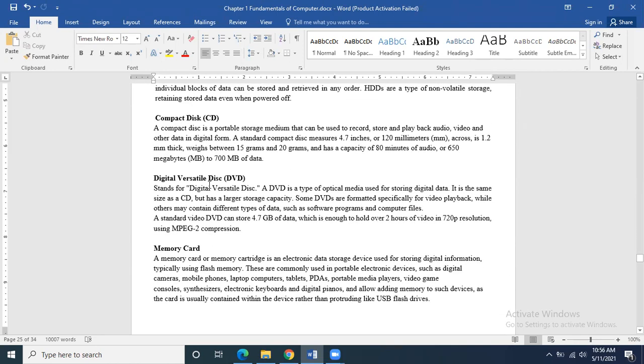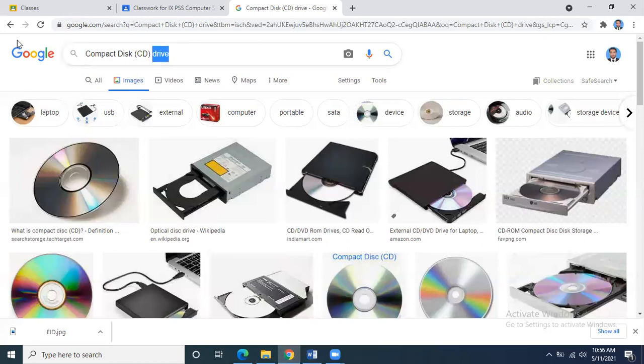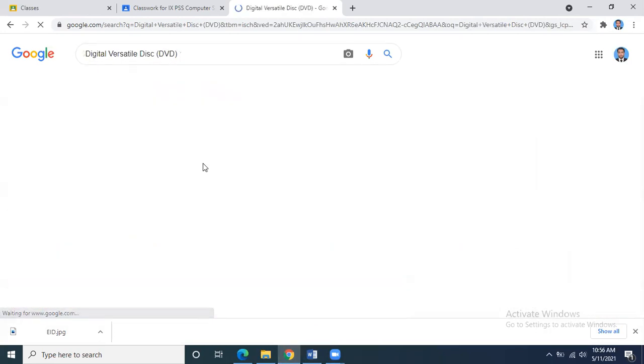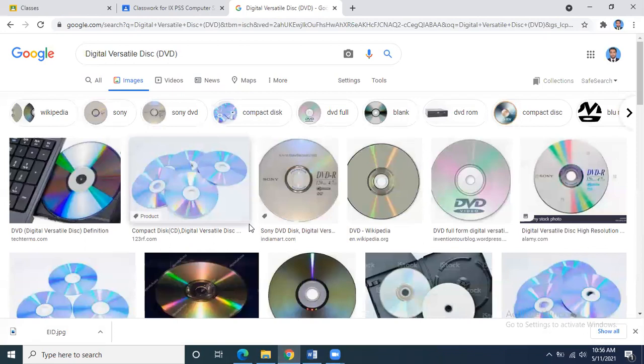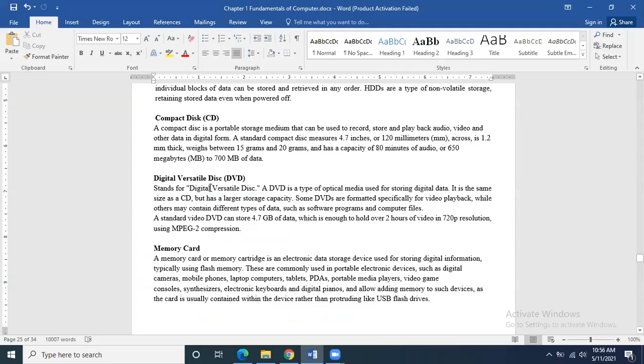But there is also another disc which is called DVD. It also looks similar, just like a CD, but its capacity is changed, and its ROM is also changed. The DVD ROM is changed, and that's why the technology is changed, with a difference in speed. A DVD, or digital versatile disk, can store data up to 4.7 gigabytes.